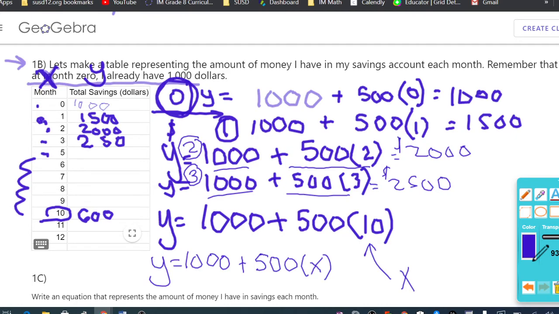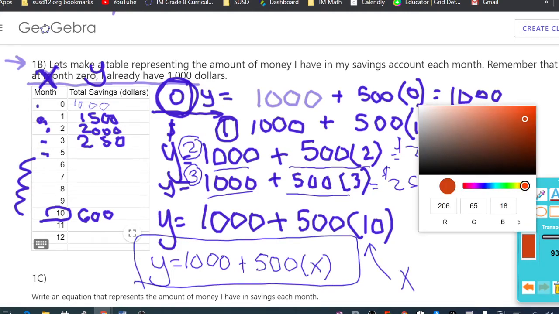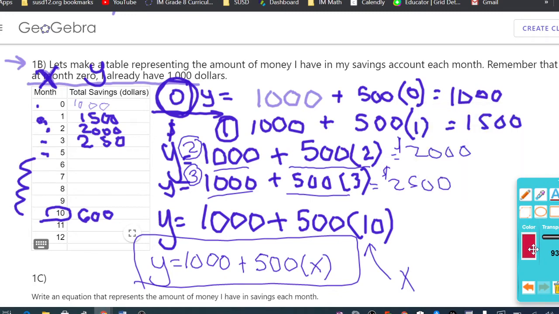Y equals 1,000 plus 500x. Let me just color in the x value on all of my equations here. Remember, x is the number of months. Here is the x value. It was 0, and here it was 1, and here's the x value, and the x value, and the x value. Okay, let's keep going.